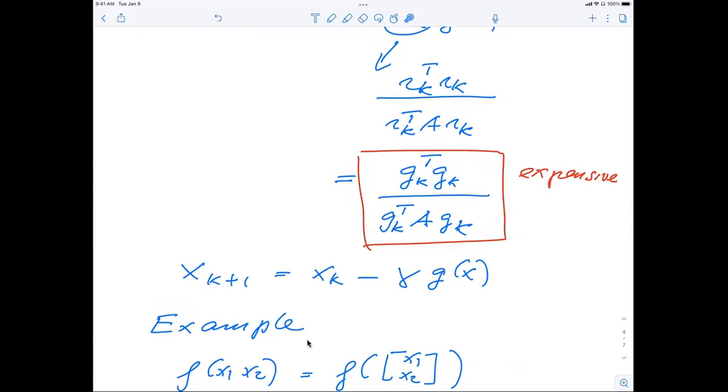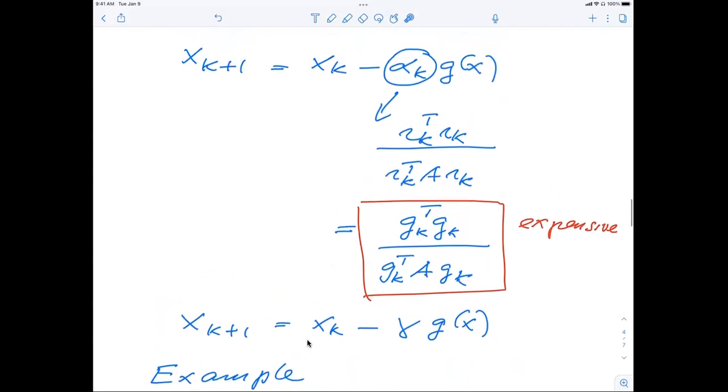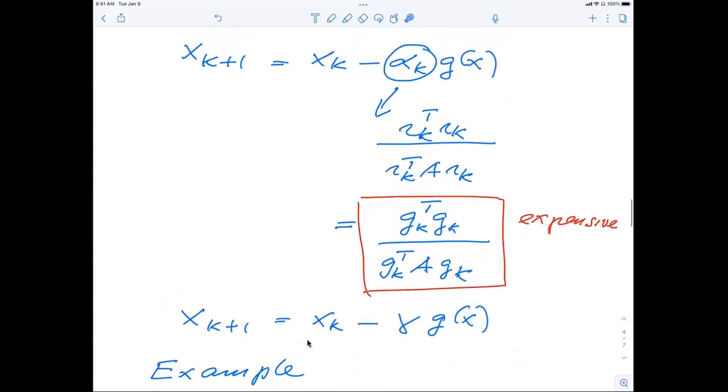Alternatively, the brute force way would be to evaluate the inverse of the Hessian matrix. Now, this recipe gives you an adaptive step size because we recognize this alpha k as our step size. And you can see if you look at this expression that the only thing we've done is to replace alpha k with gamma.